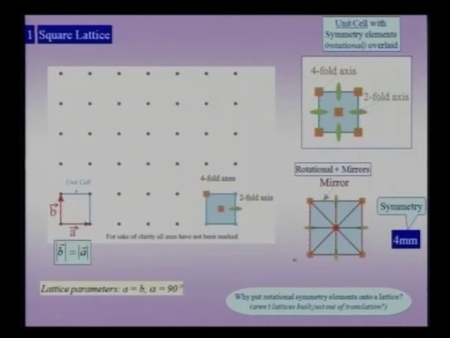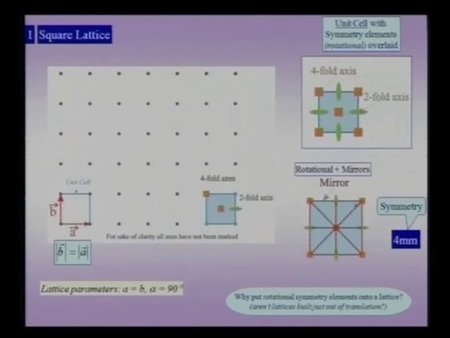There are 2 distinct mirror planes, the one which is vertical and the one which is inclined at an angle of 45 degrees. We do not have to consider the horizontal or the other diagonal, because if I consider the vertical mirror plane, then the 4-fold axis will take the vertical mirror plane to the horizontal mirror plane.